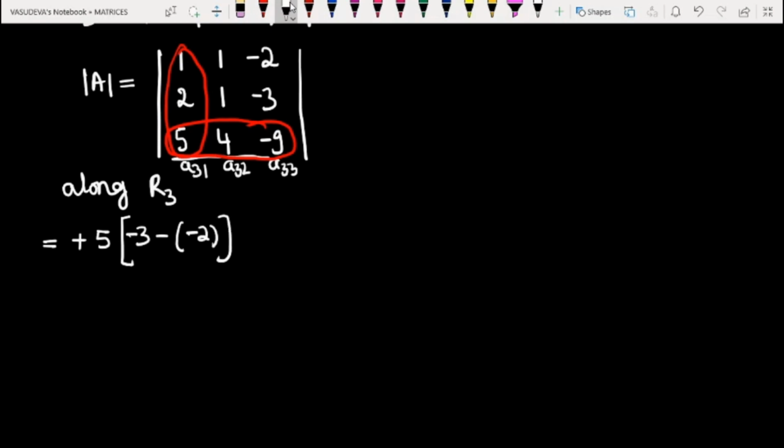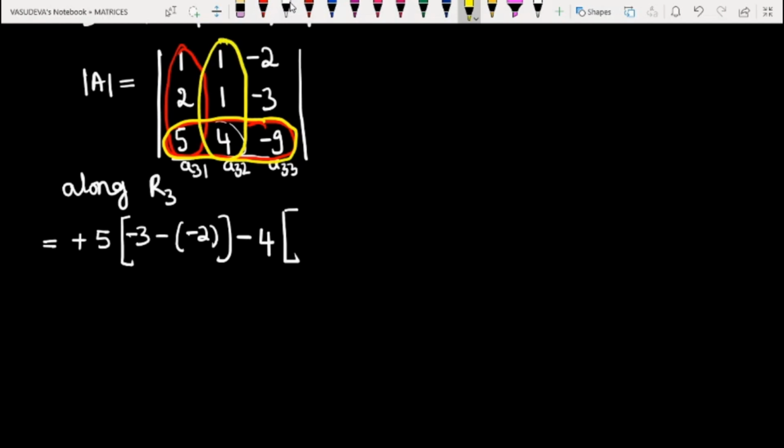The next element in the third row is 4. Now for that, 3 plus 2, the suffixes sum, 3 plus 2 is an odd number, therefore we have to take minus. So 4 into, now 4 lies in the third row and the second column.